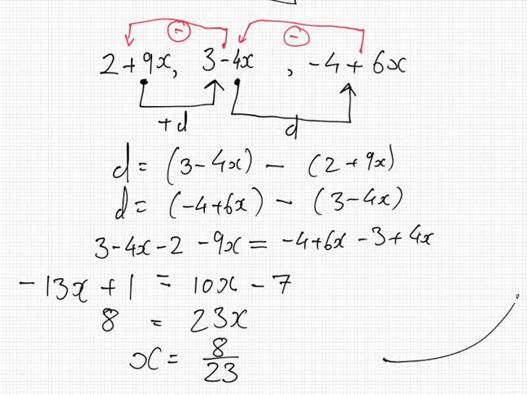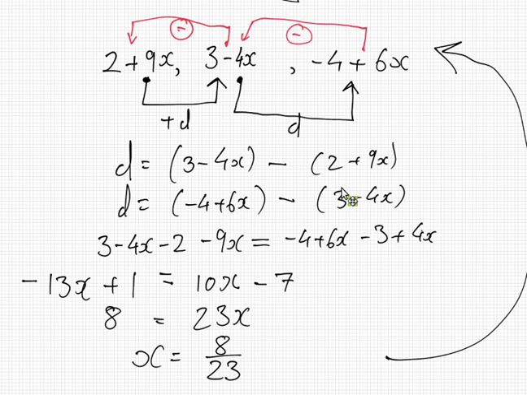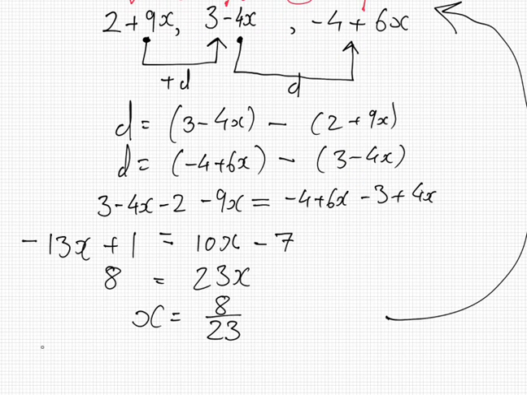Let's put x back in here and see if it is arithmetic. So can someone type in 2 plus 9 times 8 over 23? What do we get? It's a fraction. Can you put it as a fraction? 118 over 23.